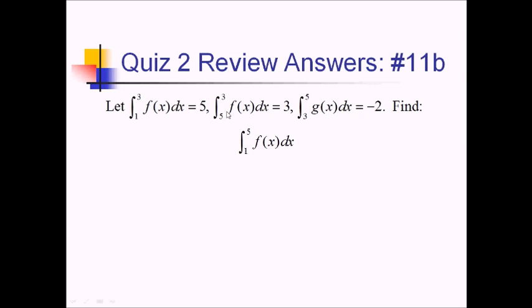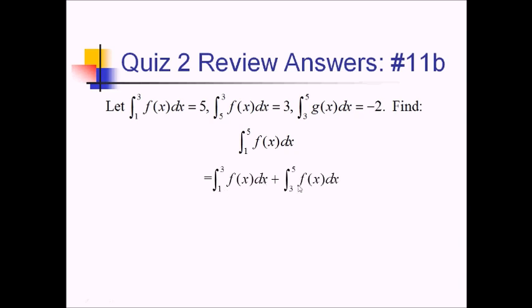So I'm going to have to take these different parts here and add them together so that the lower limit of one of them is 1 and the upper limit of another of them is 5, and hopefully the other limits match. So we can do that if we write the integral from 1 to 3 plus the integral from 3 to 5 of f of x dx, like so.